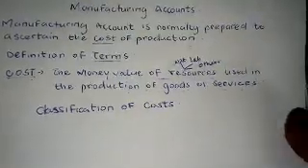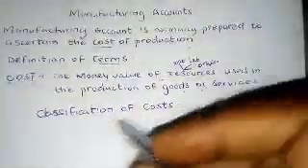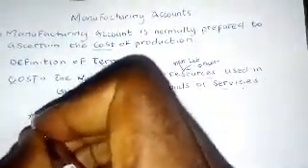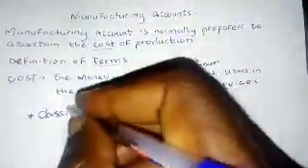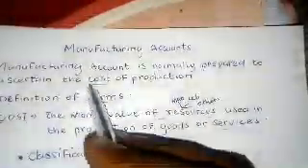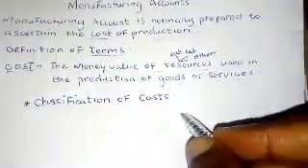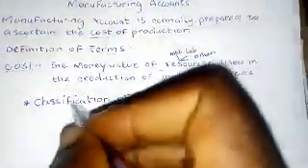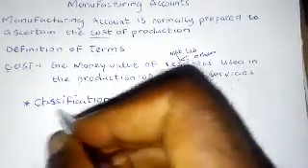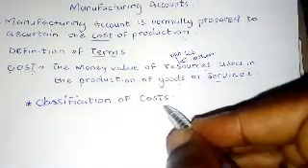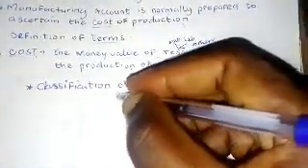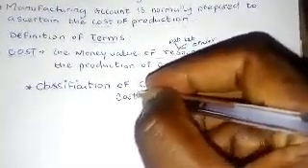Now, for proper understanding, we need to understand the classification of cost. Before you can ascertain the cost of production, you need to ascertain the costs. You need to understand the classification of costs. Okay, now let's get started.